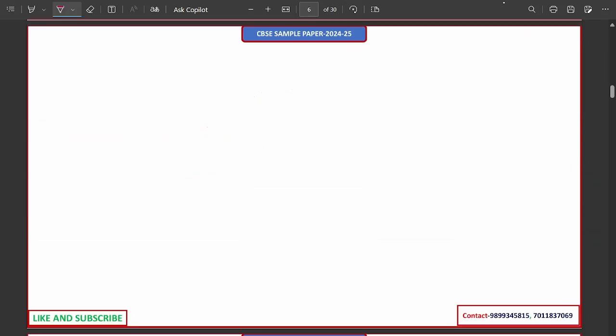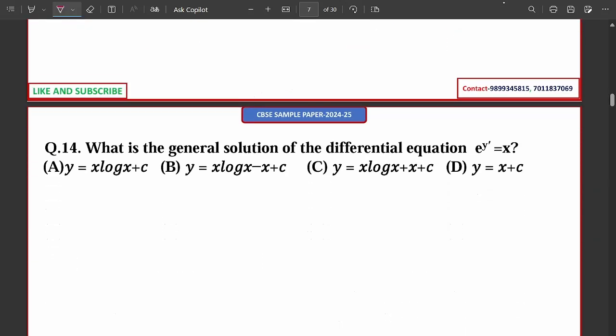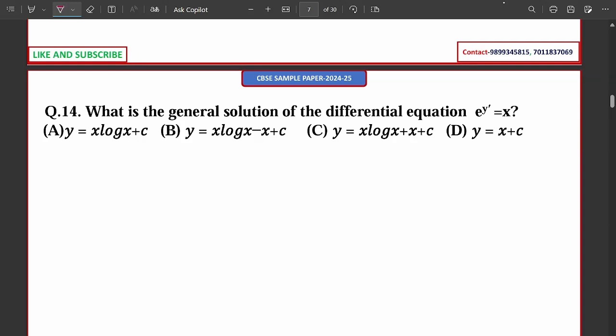Now let us understand the next question. The question number 14. What is the general solution of the differential equation this?